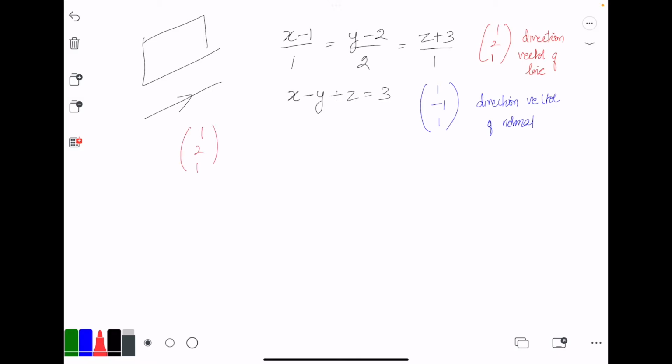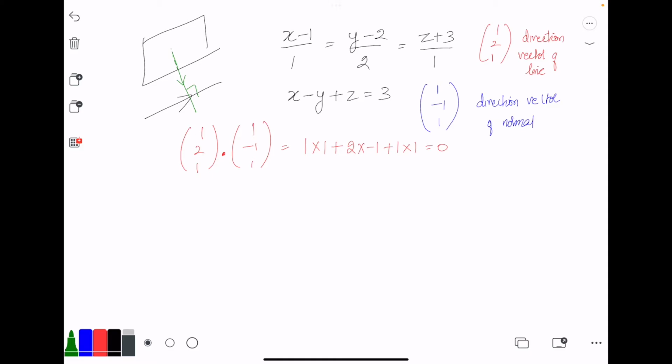The dot product of the direction vector of the normal with the direction vector of the line is 0. Hence, the normal is perpendicular to the line, and therefore the line is either parallel to the plane or lies inside of the plane.